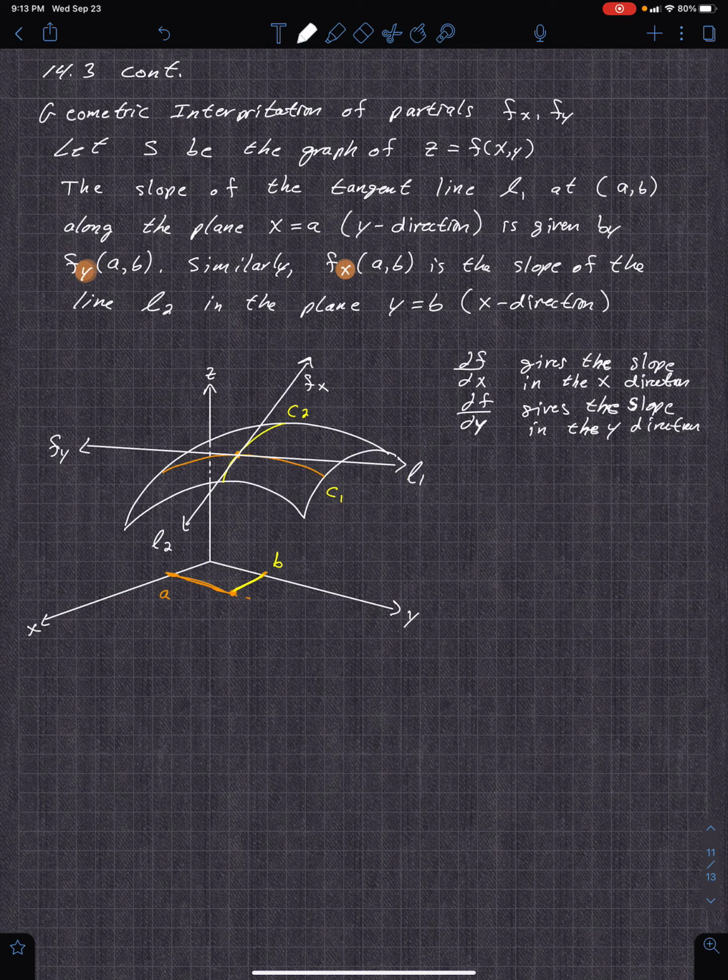Let's continue in 14.3. We want to look at now the geometric interpretation of the first partials. So partial of f with respect to x, partial of f with respect to y. So let's go ahead and draw this diagram. This is my generic surface.